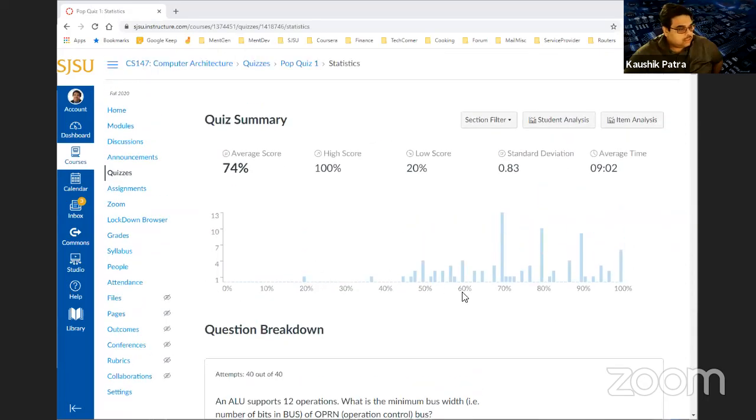So basically you can look at those statistics yourself, but this is the overall performance. I hope next time these numbers, like the average score, will move up to 85-ish or the 90s. Let's hope so. And let me see if I can open the score for you. So any questions so far?